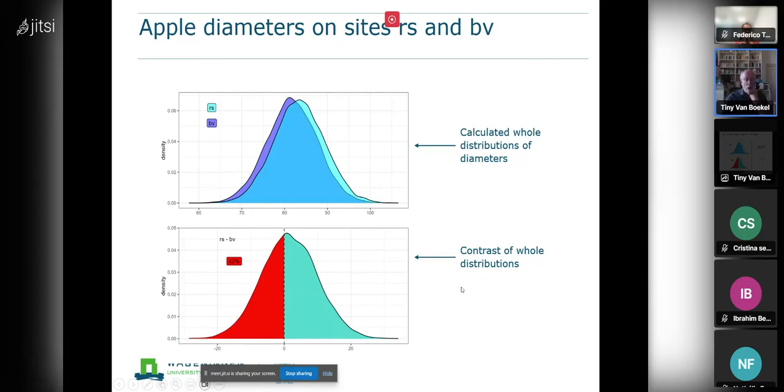So you get much more insight in what the differences actually are, and that is what we should look for, because you can say that there is a significant difference in means, but what does that mean? And here you see the actual results.